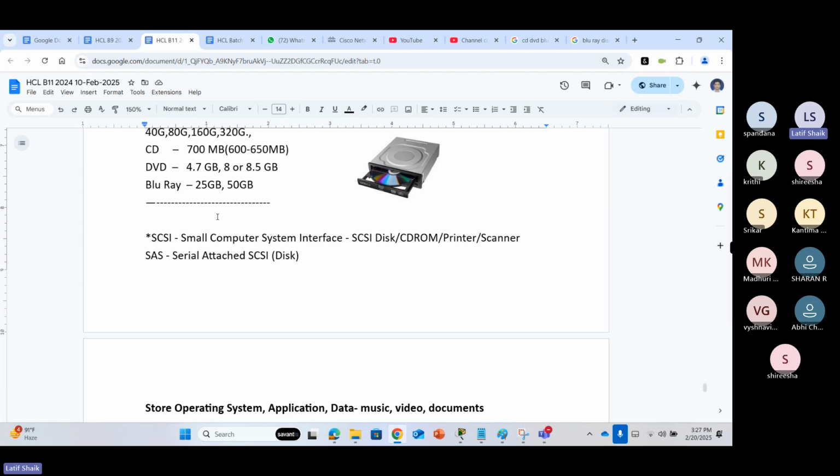They connect this SCSI interface to a desktop or a server, and we can insert different types of devices, mainly SCSI hard disks, to store the data. Different SCSI devices can connect to your SCSI.